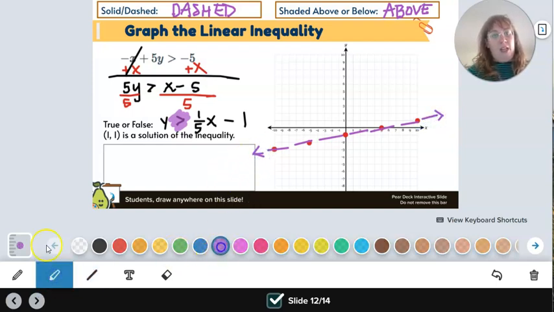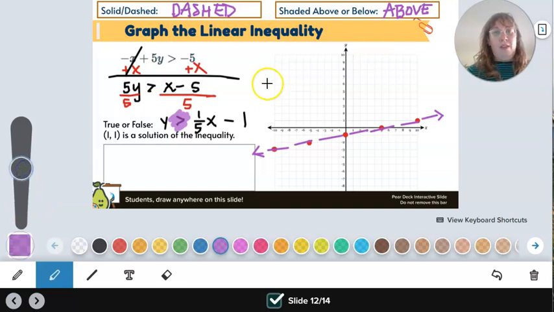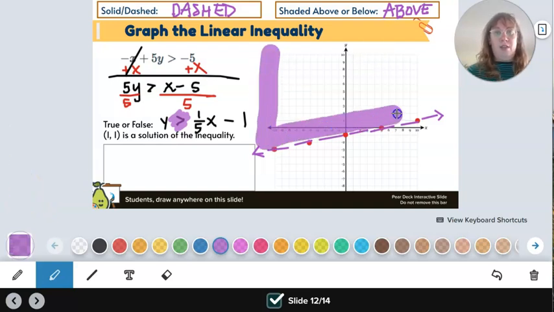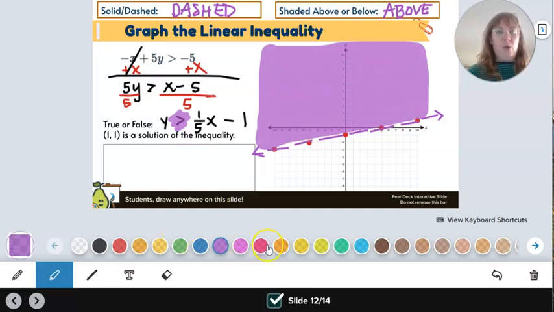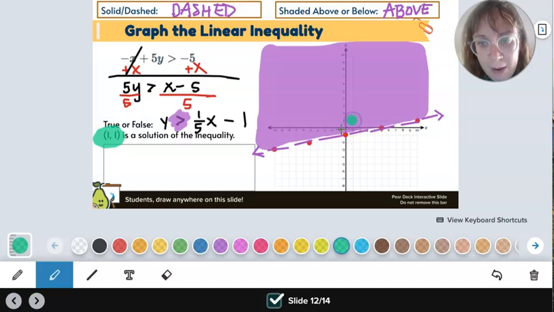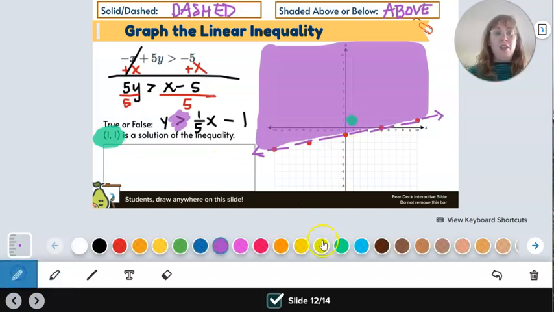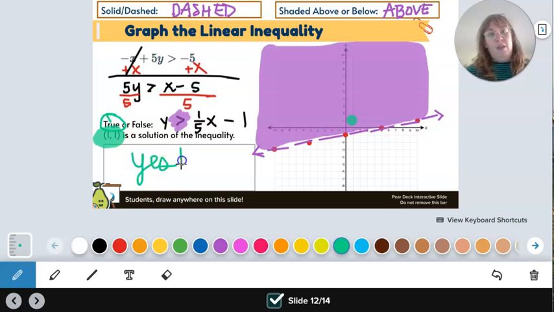And then we're going to shade above it since it's greater, like so. And then the question says (1, 1). So when we're looking at (1, 1), we see that point right here, which is definitely in the shaded region. So this is true. Yes. We don't have to plug it in. We see that it's in the shaded region, so we're good. That is definitely a solution.